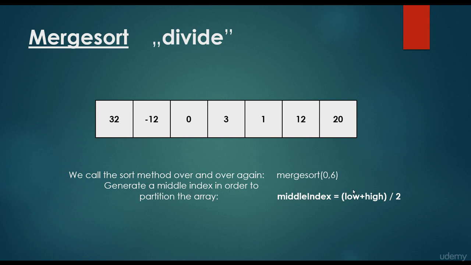The middle index is going to be the low index plus the high index divided by 2. In this case, 0 plus 6 divided by 2. So this is how we partition the array. It's going to be the pivot. And we are going to call merge sort recursively on the left subarray and on the right subarray. This is why it is the divide and conquer algorithm. This is the divide part.